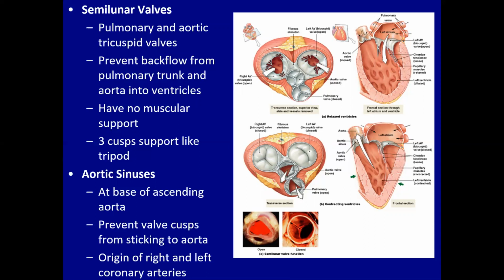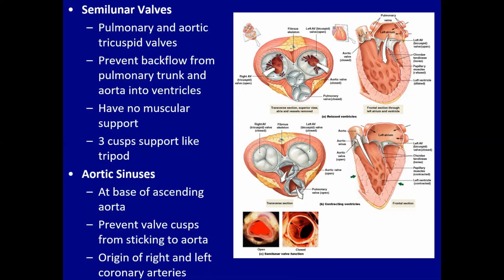They're different, though, in that these cusps are cup-shaped when you look at them from a superior view. There is no muscular support. There are no papillary muscles or chordae tendineae. Let's just use the systemic circuit for an example.